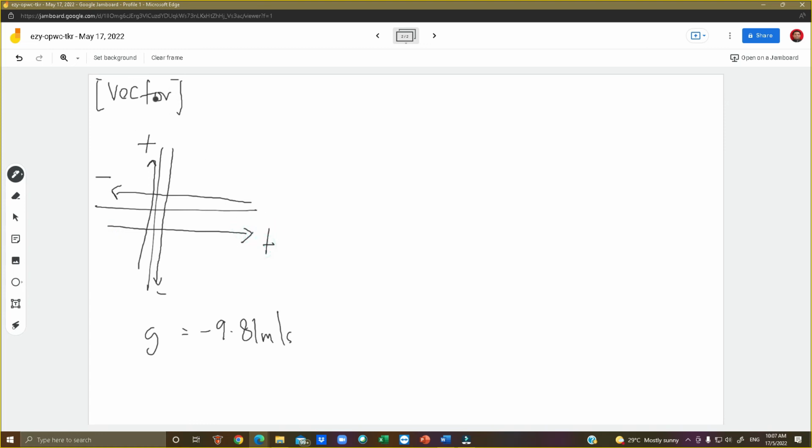When you see vector, you need to remember that unit have direction. Okay? That unit have magnitude. Apa itu magnitude? How much? Apa itu direction? Plus minus. Okay? Plus 10. Negative 10. The magnitude is similar but the direction is different.